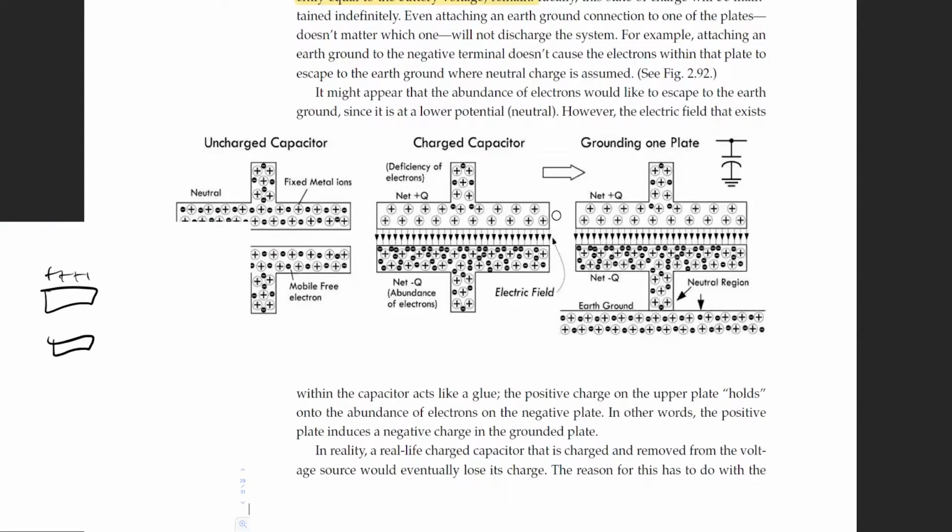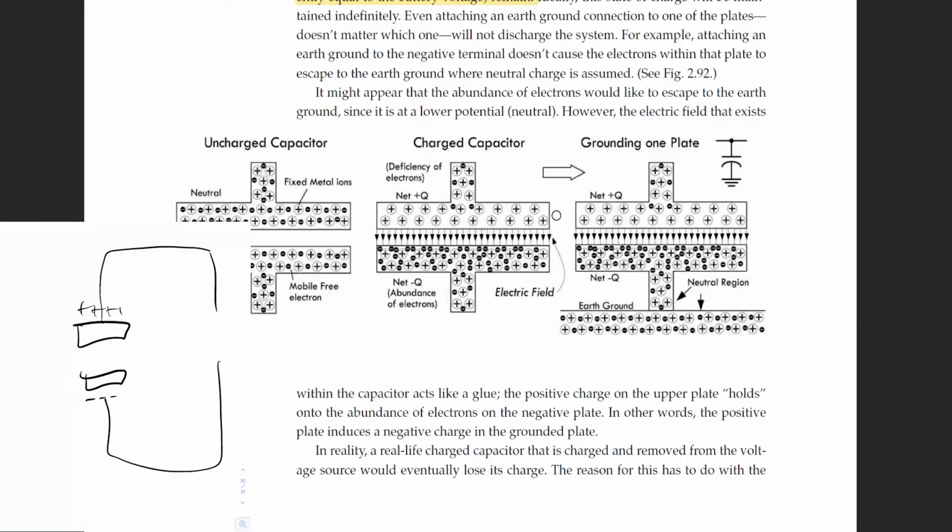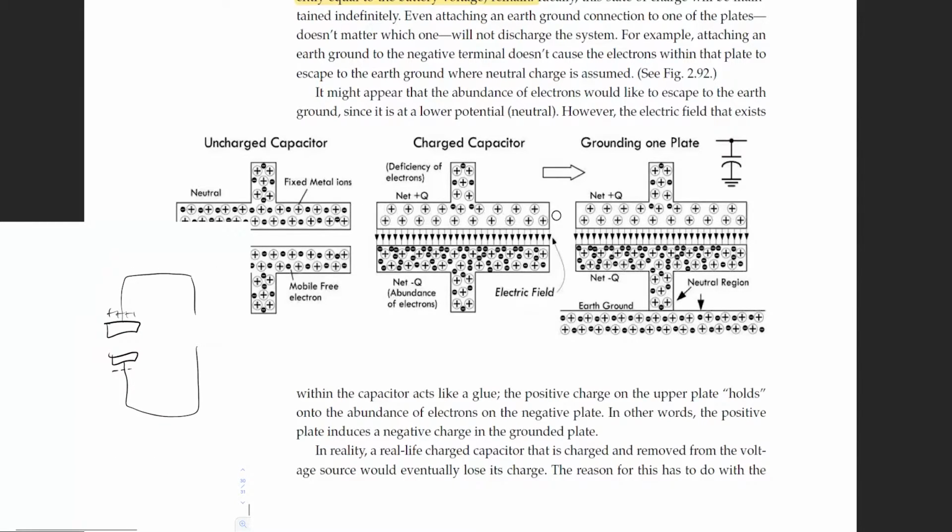Basically, if I can do a rubbish drawing, you had positive charges here and negative charges here. Let's say there used to be a battery source here, but you disconnected it. Then if you ground this bit here, these electrons aren't going to flow down here because the charge is holding them together. So they're going to remain here.